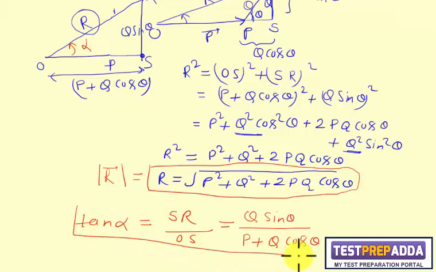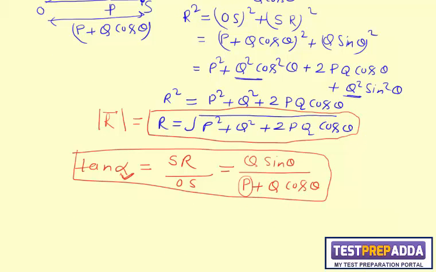Dear students, please note that this alpha is the angle of resultant vector from first vector P.